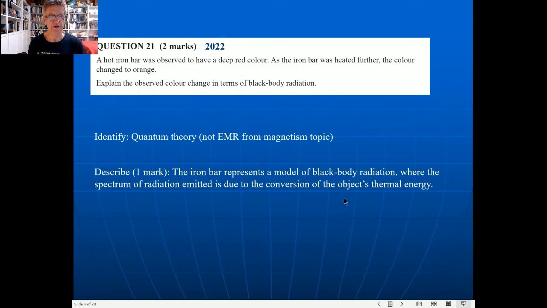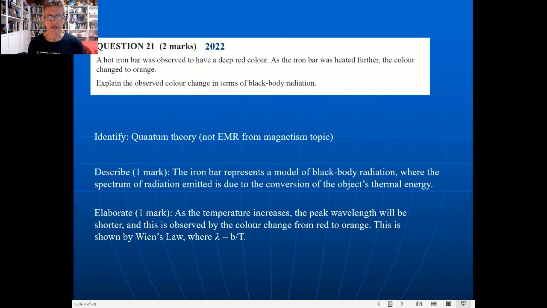The more thermal energy, the greater the spectrum shifts towards the blue end of the spectrum. So that's basically you just describing the setup, and then you're elaborating.